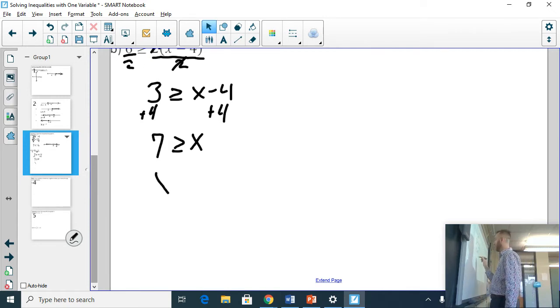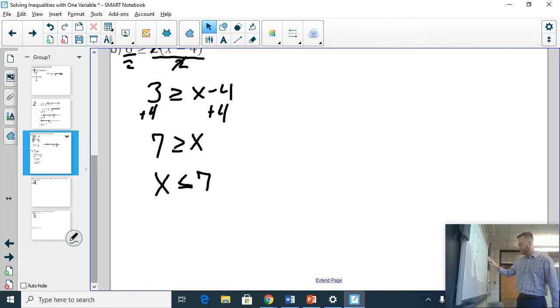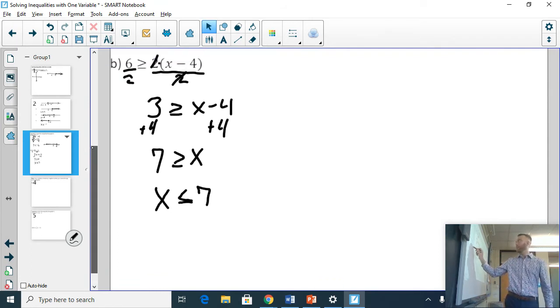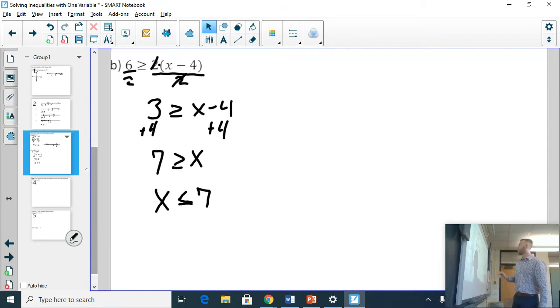But when I switch it around, right, I have to make sure the inequality still holds true. So x should be less than or equal to 7 when I flip it, right? So if the alligator is eating the 7 here, the alligator has to be eating the 7 when I switch them around too, so that it stays the same. And so that's one way. I'm not going to graph it quite yet. I'll show you the other way.